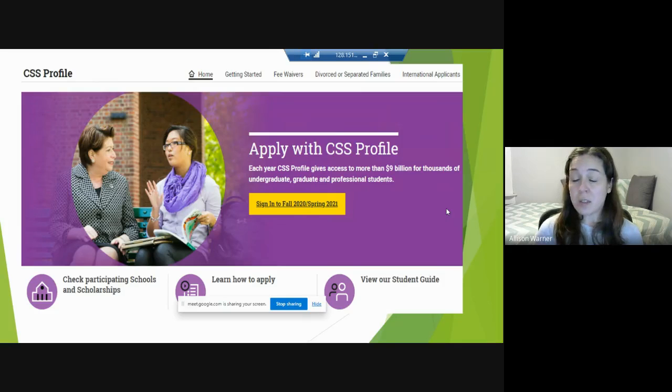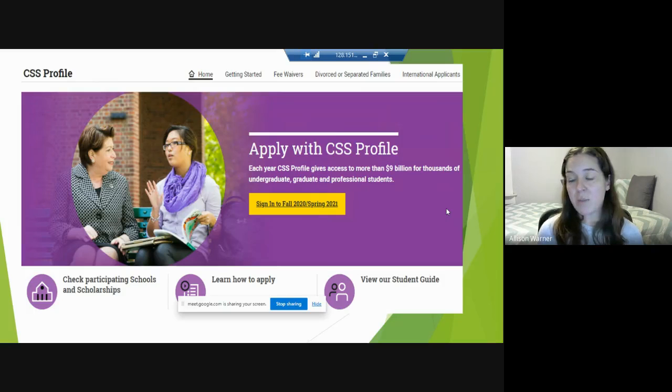Another thing to take into consideration is that you more than likely will need to make corrections to your applications, both the FAFSA and the CSS Profile. It's very common. For folks that have already completed the CSS Profile, you probably already know that you really only have one shot to get it right. At that point, if you do need to make corrections, you can submit corrections directly to the school.